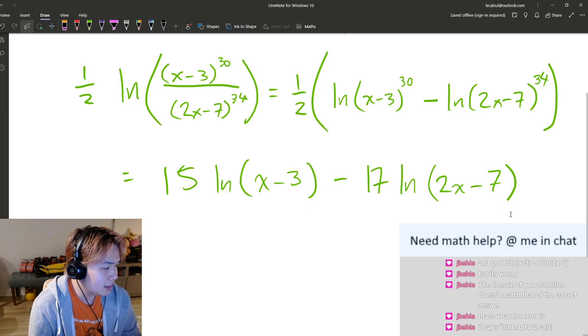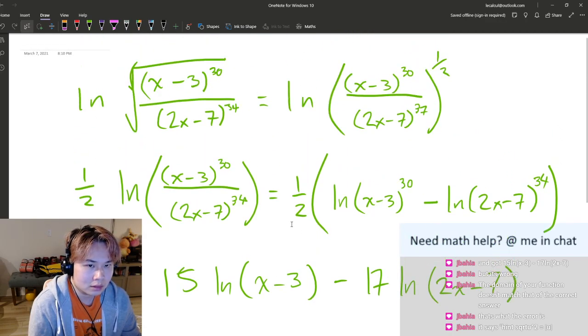Hint. It says square root of u squared is absolute value of u. Okay.